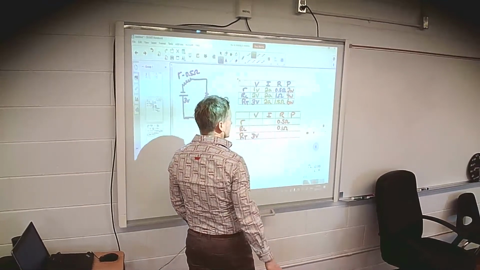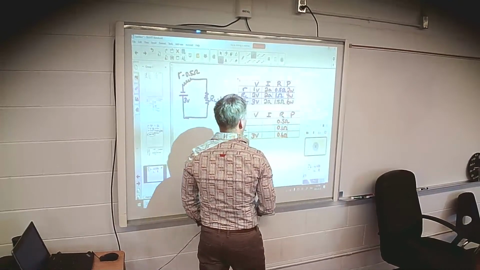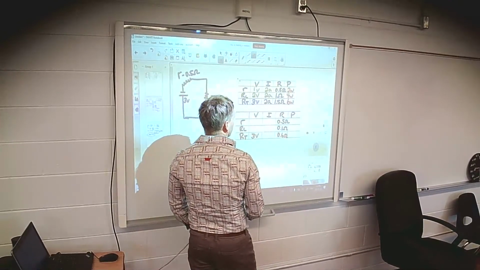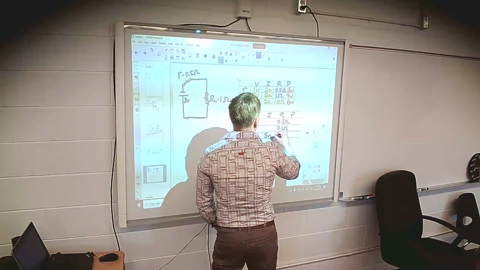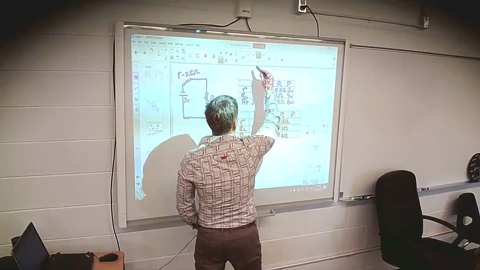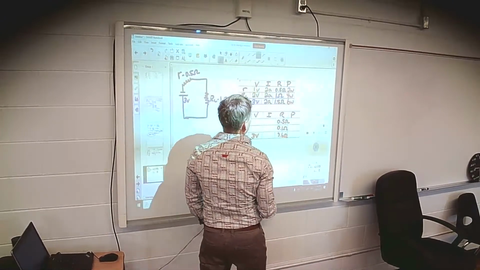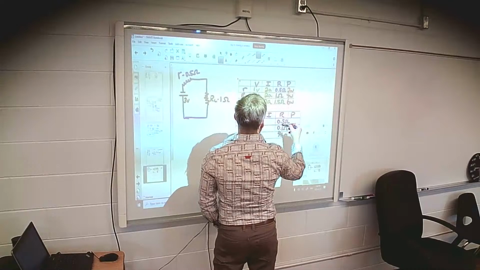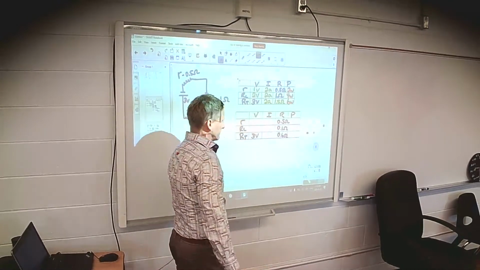What is my total resistance? 0.6 ohms. Total current, 3 divided by 0.6.